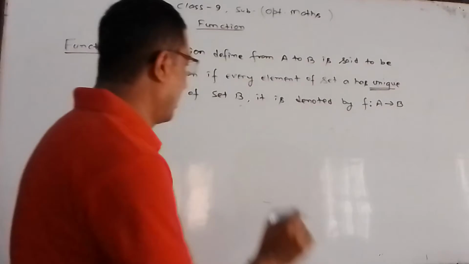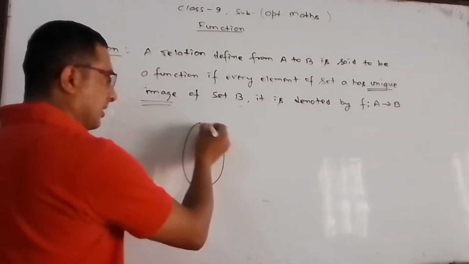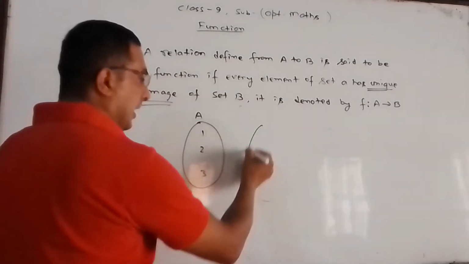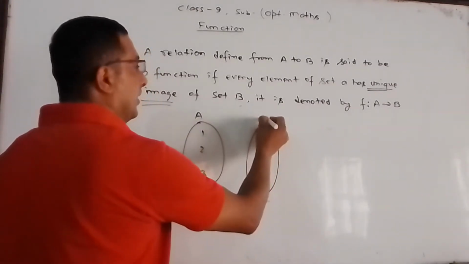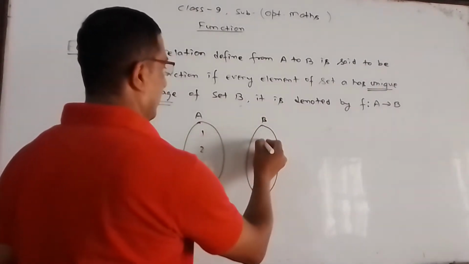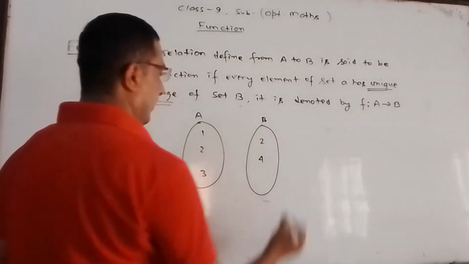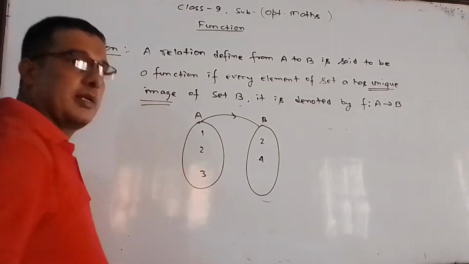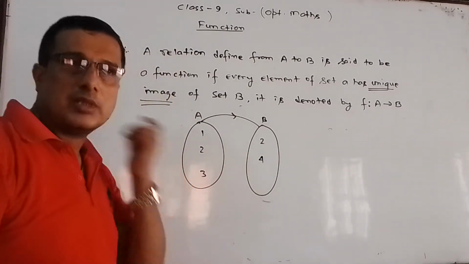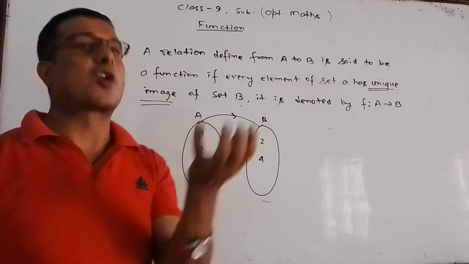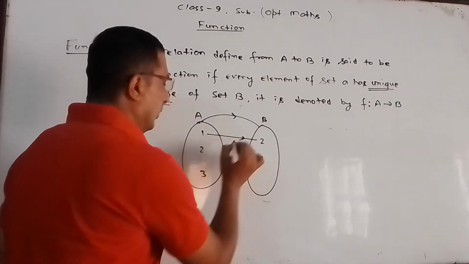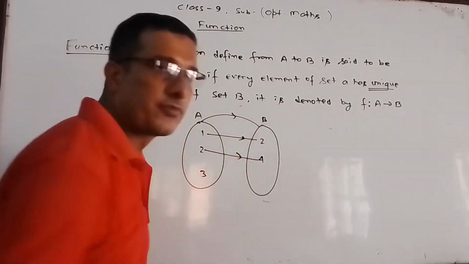If I am drawing a relation, here is the set A: 1, 2, 3. Another set is B: 2, 4. Is this relation a function or not, according to our definition? 1 maps to 2 and 2 maps to 4.